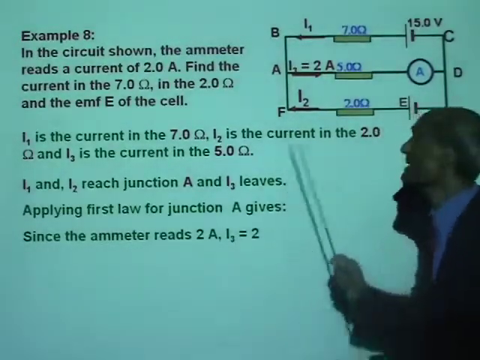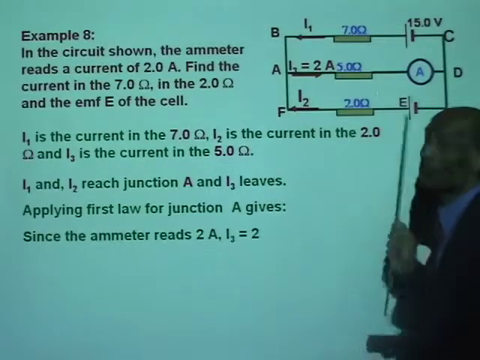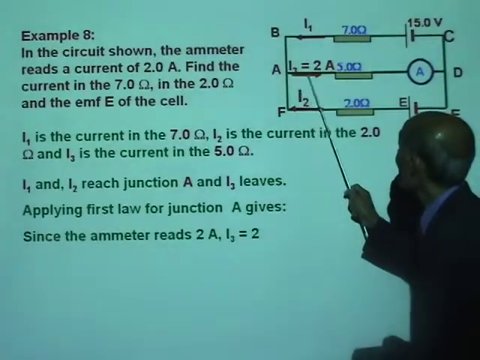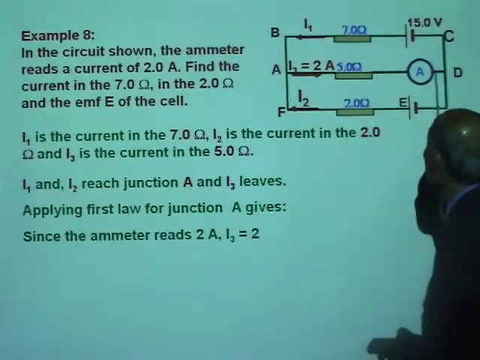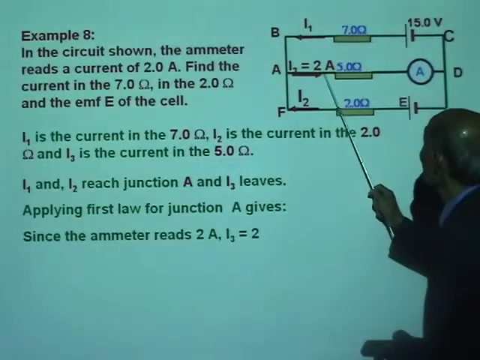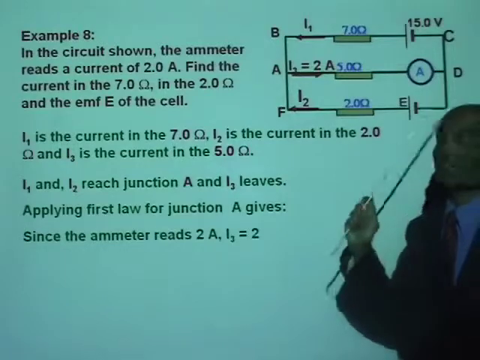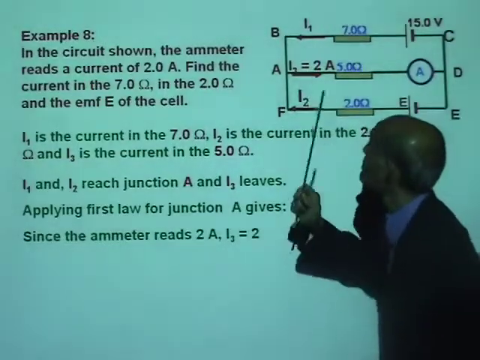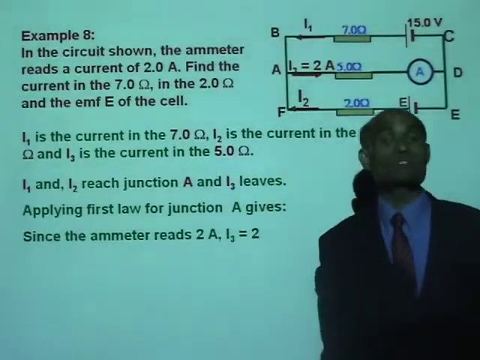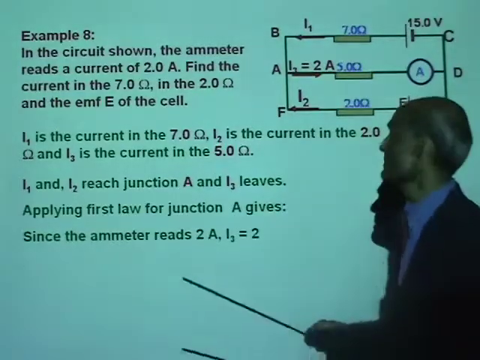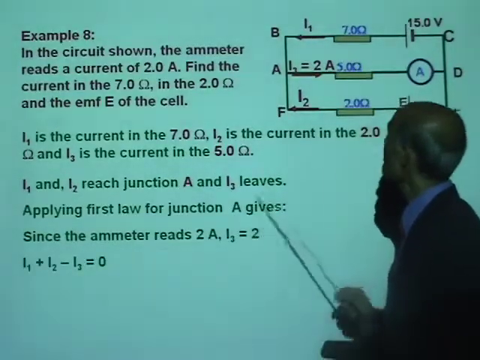That means the current that flows in the 5 ohm is 2 ampere, because whatever current flows in the 5 ohm has to go through the ammeter. That means we know the value of I3, and that makes this problem a lot simpler. So we have I3 equal to 2.